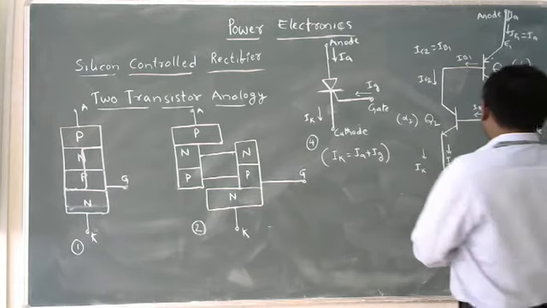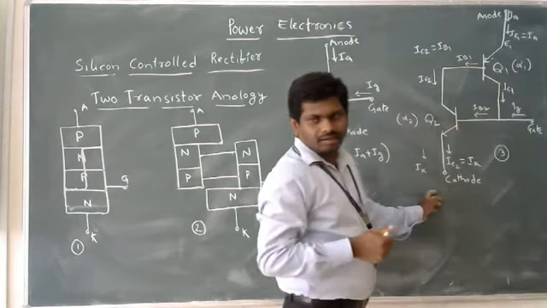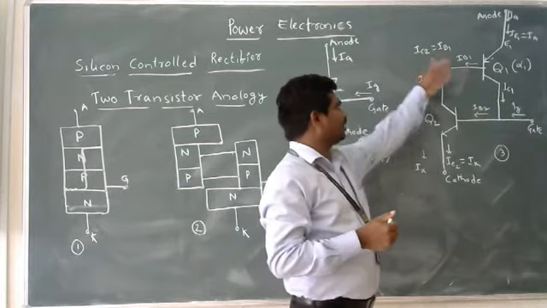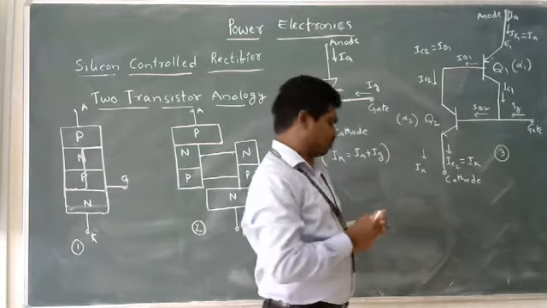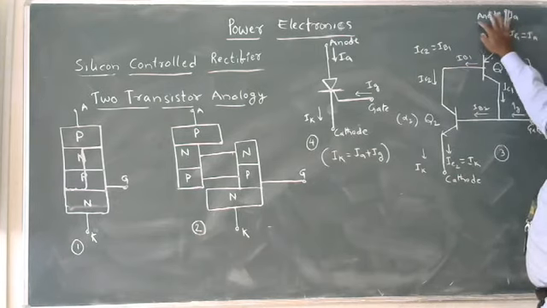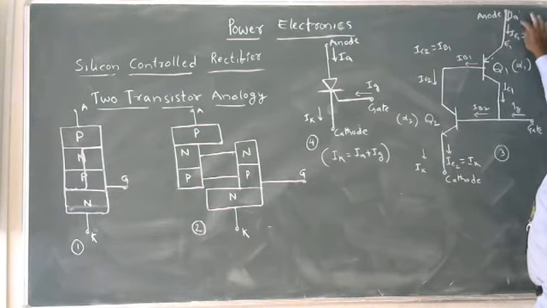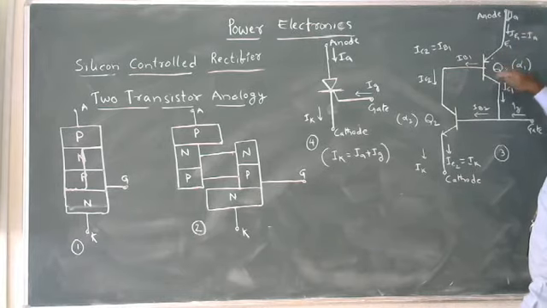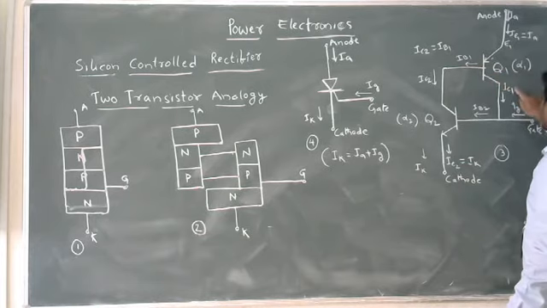Look at the different names given for the different currents. Look at this upper portion. This is my anode, and this is my anode current. When you consider this as a transistor, this is my emitter, this is my base, and this is my collector.